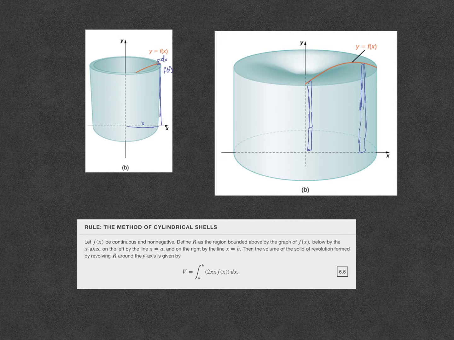And the reason there's no r squared is that the thickness here is the dx. This is a really, really thin cylinder. So that's why there's a slight variation from the actual volume of a cylinder formula. But if it helps, just like with the area of a circle formula that I wrote there, it's 2 pi r h, which is this 2 pi x f of x. Ultimately, we need to figure out how to take our region and substitute the correct bounds and the function into our volume formula.